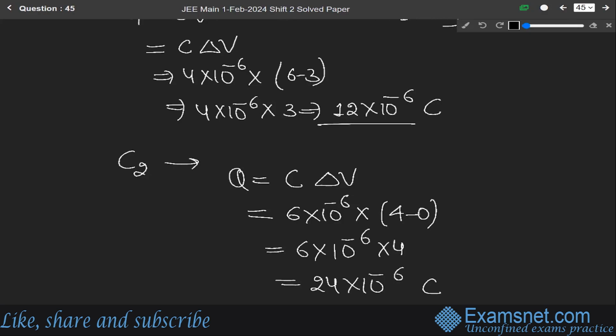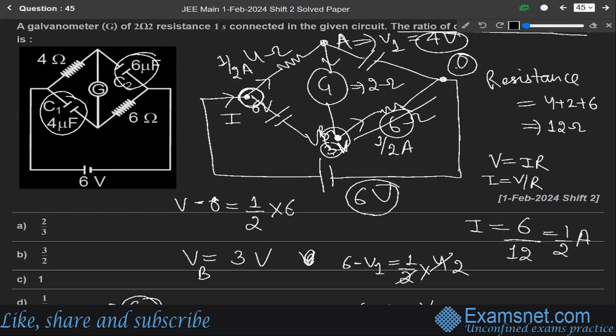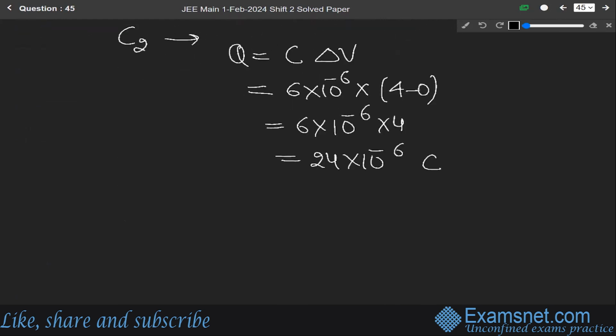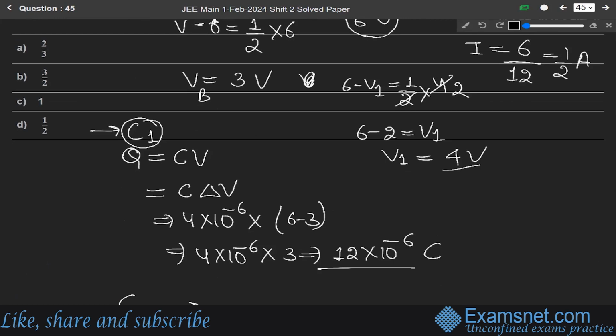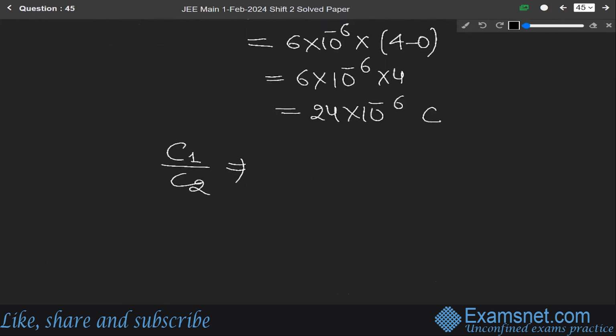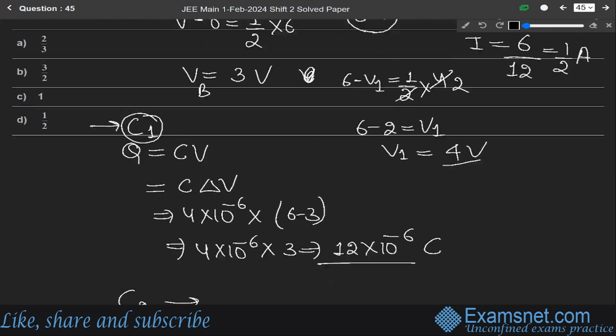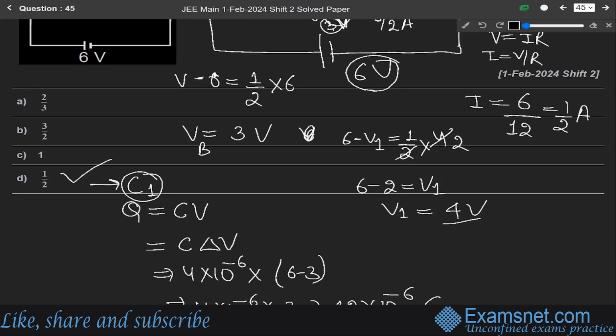Now, according to the question, we have to find the C1 and C2 ratio. So C1 over C2 equals 12 into 10 to the power minus 6 over 24 into 10 to the power minus 6. The powers of 10 cancel. It will be 1 by 2. So the correct answer is option D.